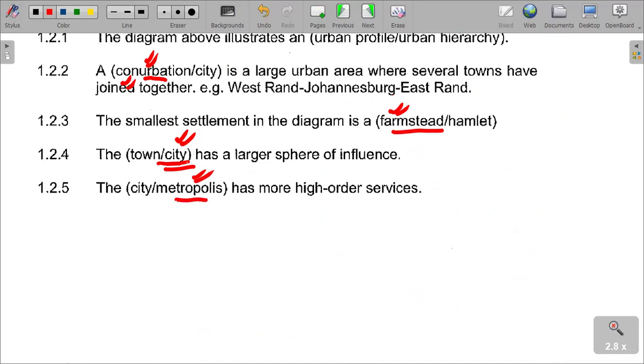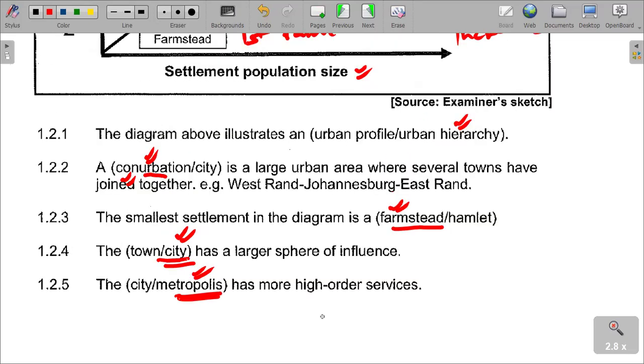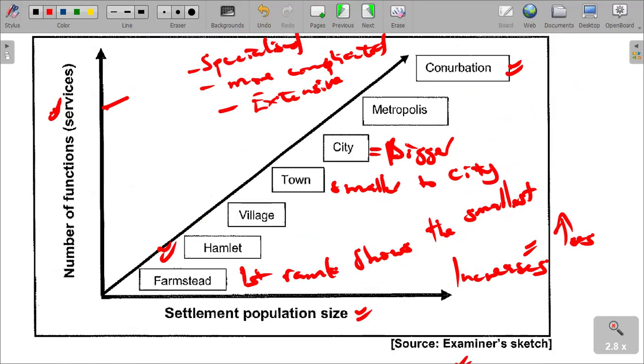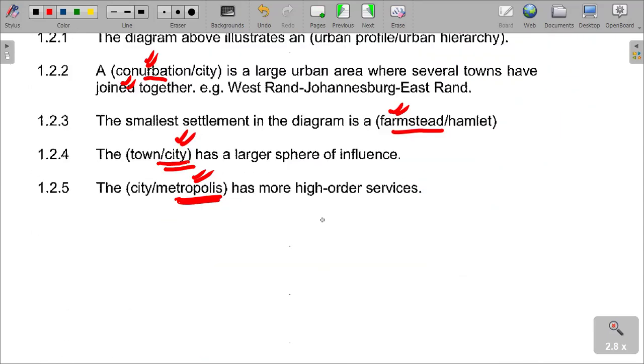The metropolis is more of a higher order services class. So what we are saying is, when you look at the specialization of services, the more we go up, the more services become complex and specialized.